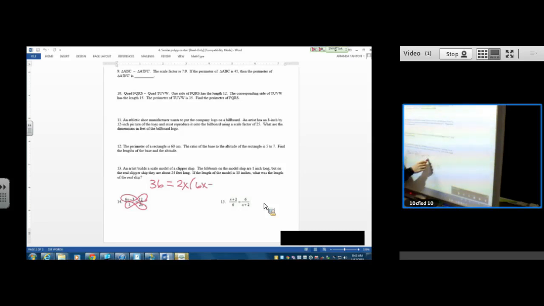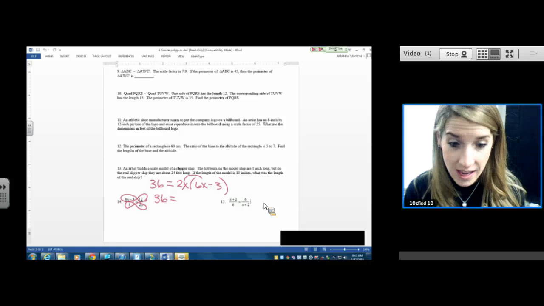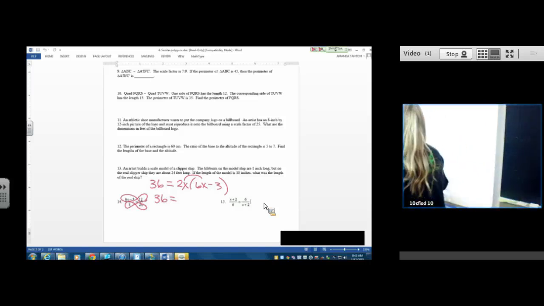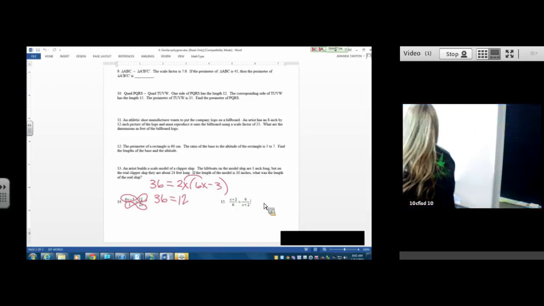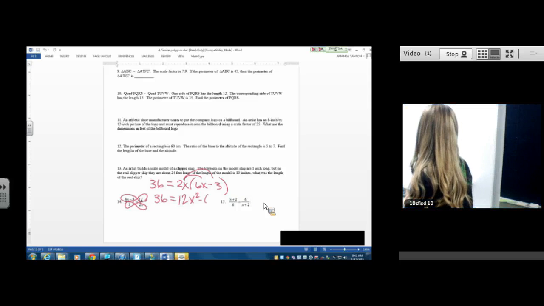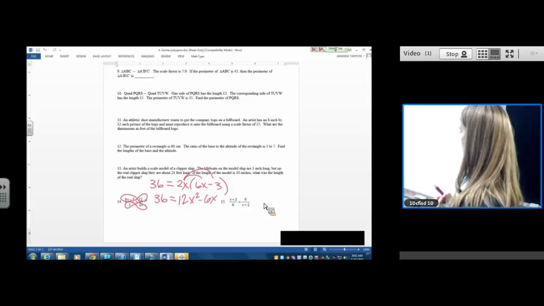I'm going to actually show my work for once. 3x equals, this one's tricky because people are tempted to say that is 12x, but that is not 12x, because 2 times 6 is 12, and x times x is x squared. And then minus 6x. This is a factoring problem. It's officially a factoring problem.